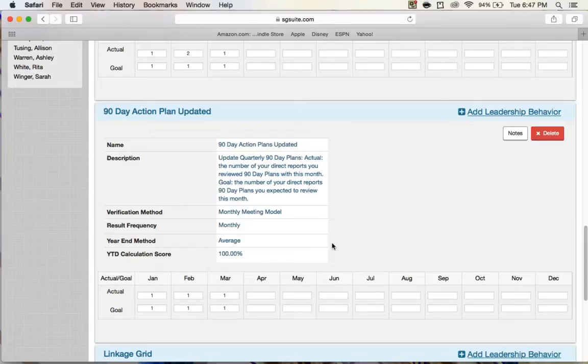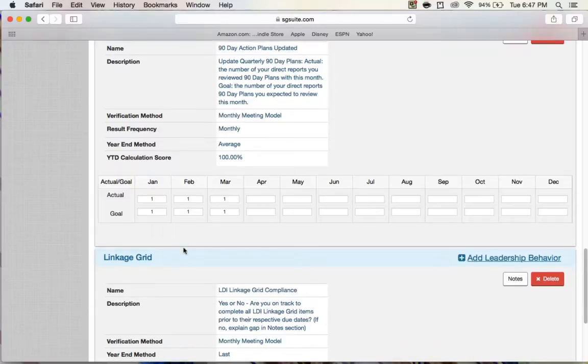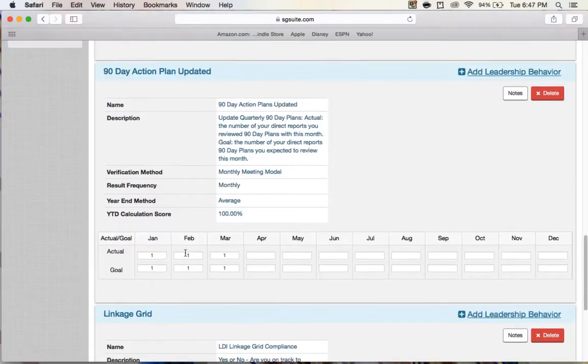So in summary, as mentioned before, the goal of this validation matrix item is to tell your supervisor prior to that monthly meeting or when you sit down that the results in the 90-day plan have been updated and are ready to be discussed.